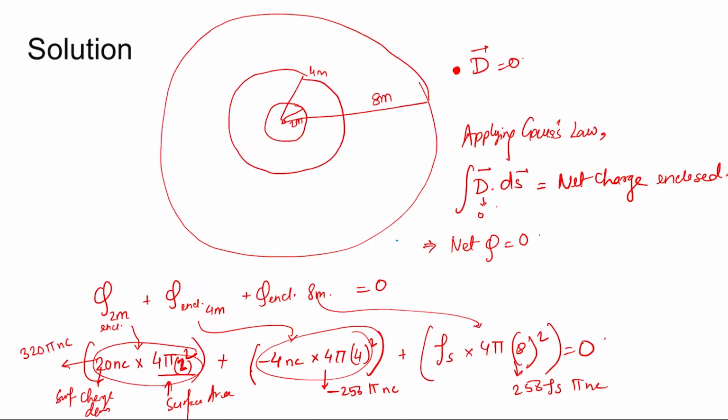So nano can be cancelled, and we can write 320 pi minus 256 pi plus 256 rho s pi equal to 0, which implies rho s equal to minus 0.25.